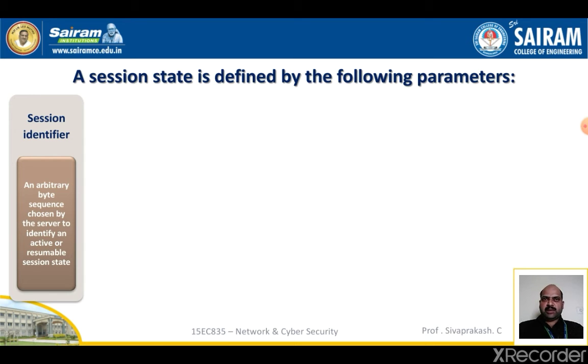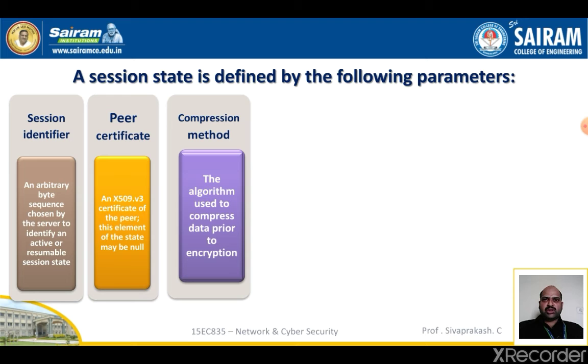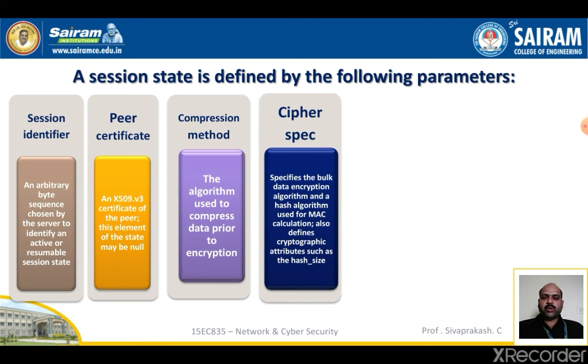The first one is the session identifier. It is an arbitrary byte sequence chosen by the server to identify an active or resumable session state. Next is the peer certificate, which is an X.509 version 3 certificate of the peer. This element of the state may be null. The third one is the compression method, the algorithm used to compress the data prior to encryption. The fourth one is the cipher spec.